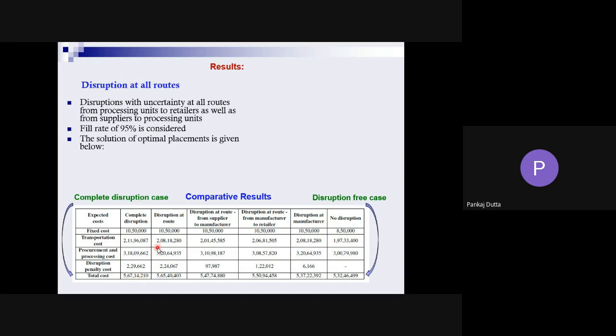But if you can reduce the disruption and convert it to a disruption-free supply chain, you can see the total supply chain cost for that quarter. We have not taken any other aspects of the company, only the disruption, supply chain and distribution aspects. Here the total cost comes out to be 5 crore 32 lakhs. So almost 35 lakhs you can save every quarter, only by managing the disruption.